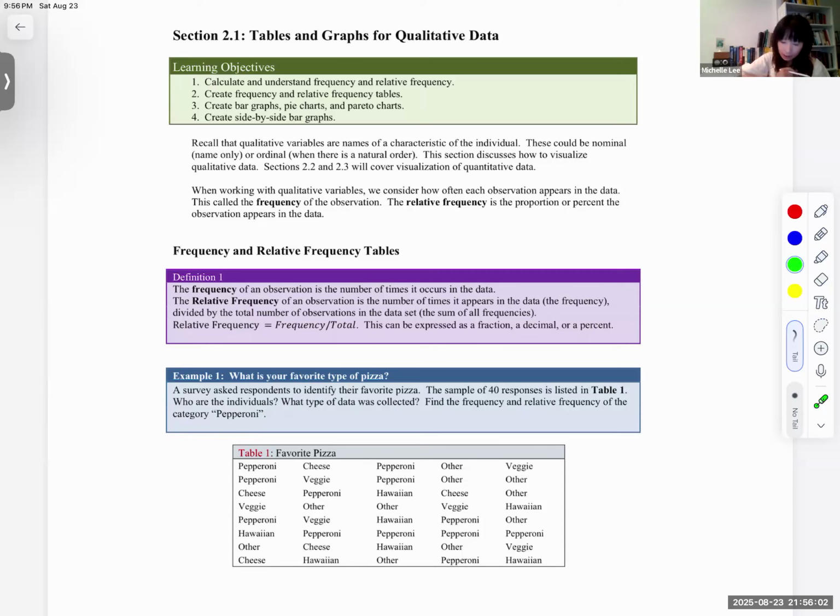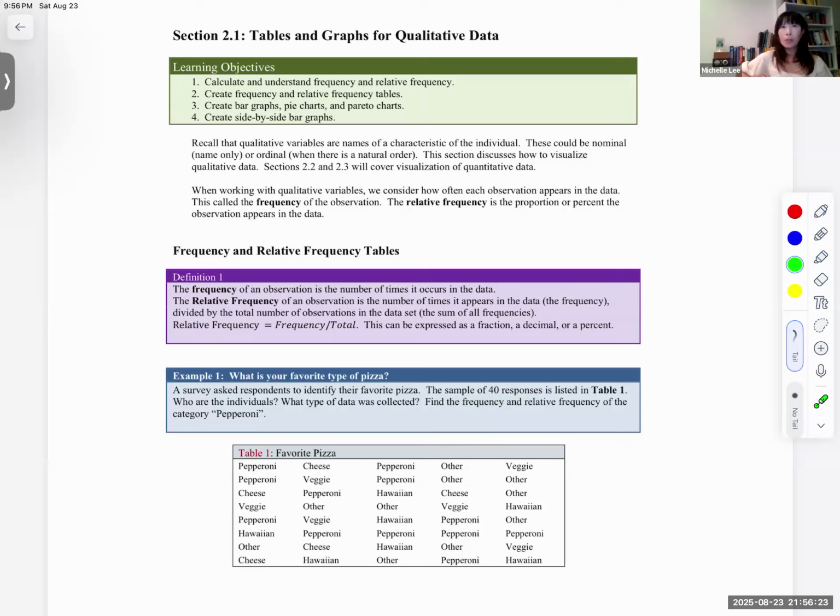Okay. So who are the individuals? What do you think? They said the sample of 40 responses, right? So the 40 responses will be the individuals, right?